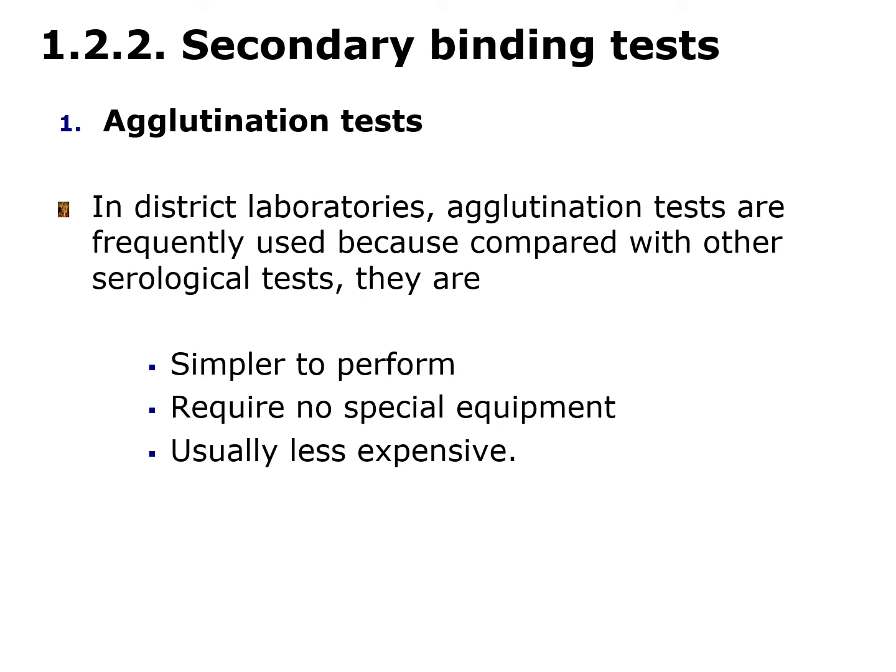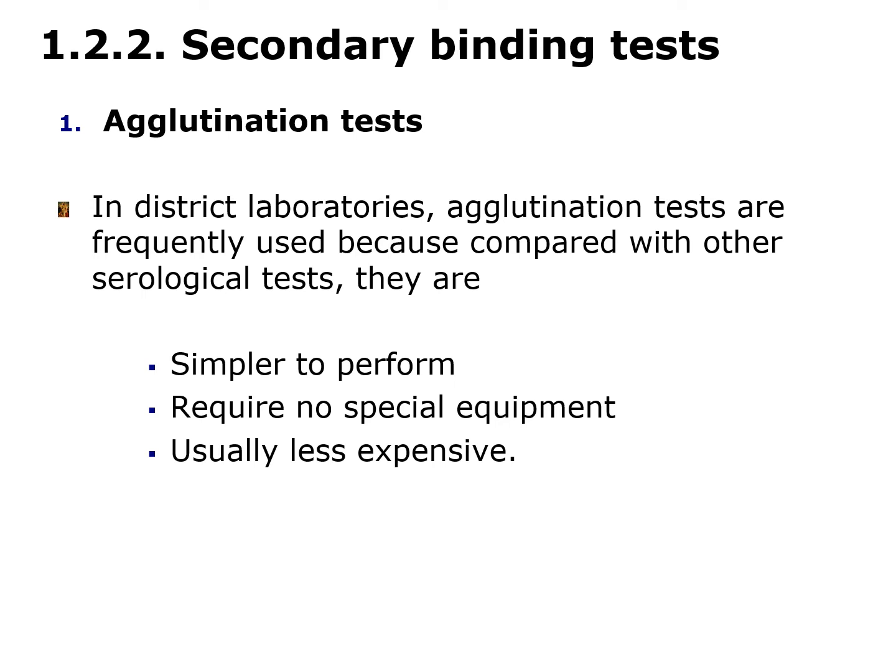Let us proceed to secondary binding tests. As I've told you, the primary binding tests are the ones with the highest sensitivity and specificity. Secondary binding tests are like mid-range tests. They are usually cheaper compared to the primary binding tests.